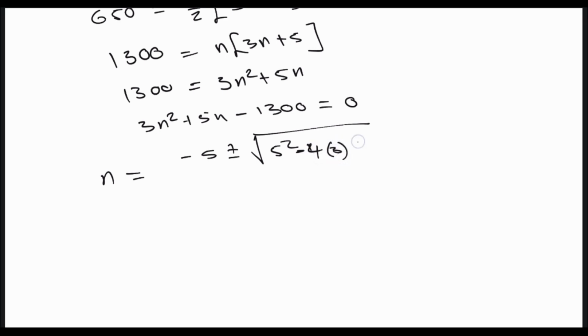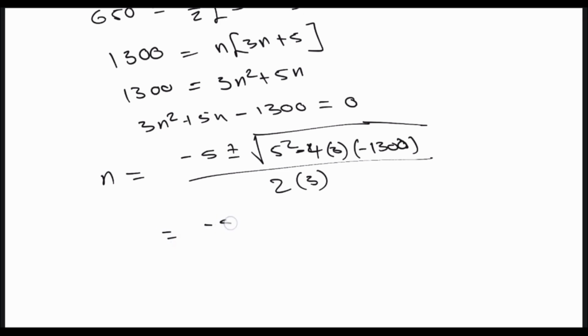It is 3 times the value of c, which is minus 1300. Right, all over 2 times the value of a, which is 3. Right, so let's use a calculator to figure that out. So that is going to be 125, which is equal to minus 5. n is equal to minus 5 plus or minus the root of that number, which is equal to 125, over 2 times 3, which is 6.